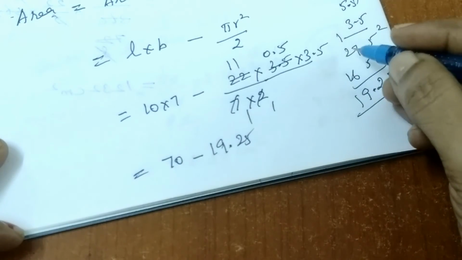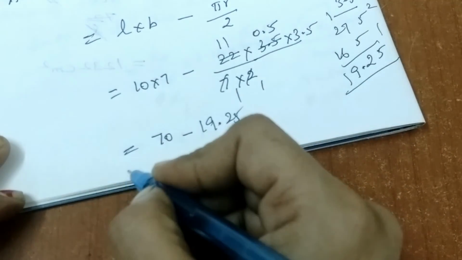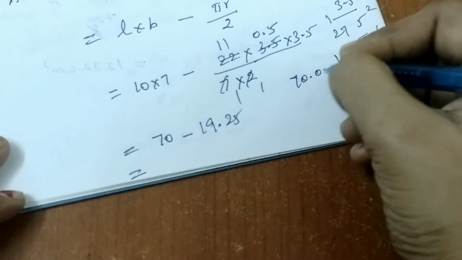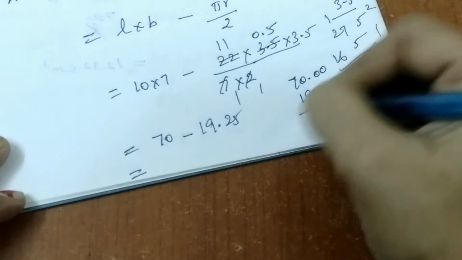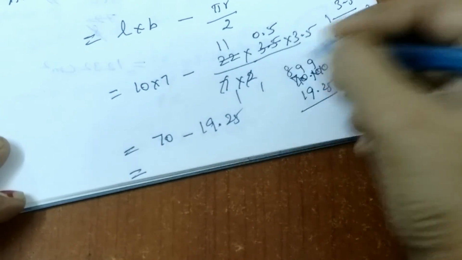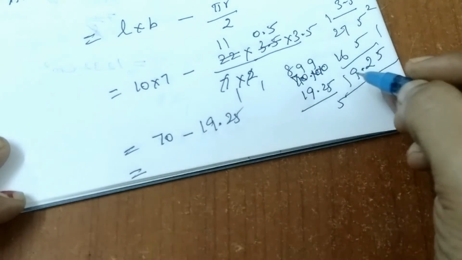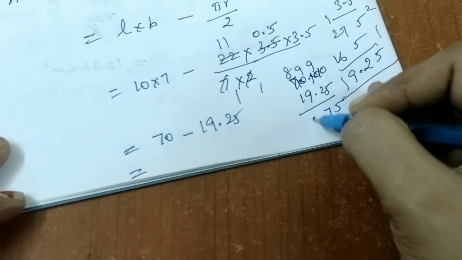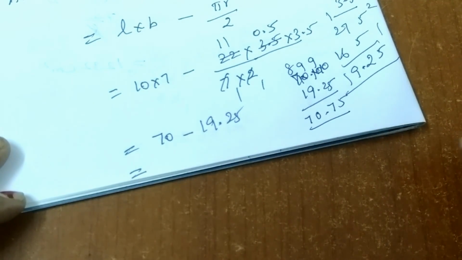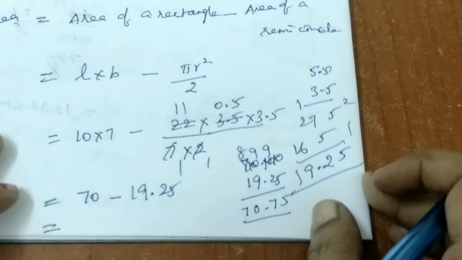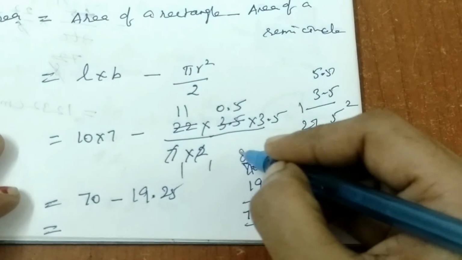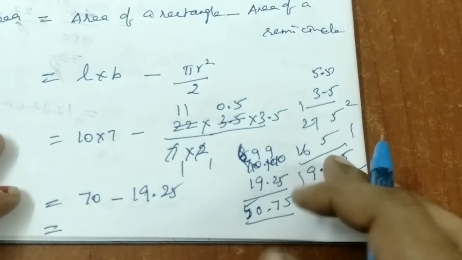So subtract these two values. 70.00 minus 19.25. Borrowing, 9 minus 9, 0; 9 minus 2, 7; 10 minus 5, 5; and 6 minus 1, 5.